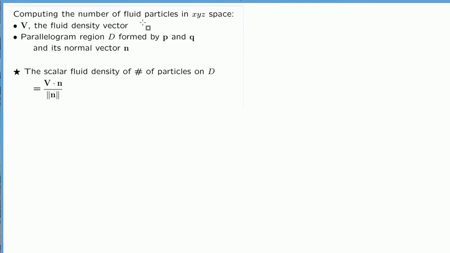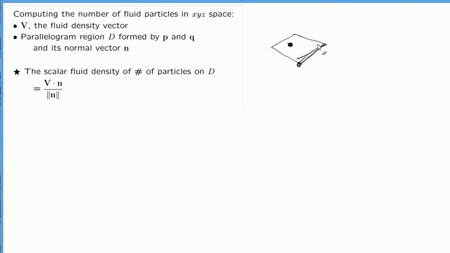So, computing the number of fluid particles in xyz space, let's say that was the fluid density vector at that position in here. It turns out a parallelogram is ideal, so I'm going to look at it as a parallelogram hovering in space.